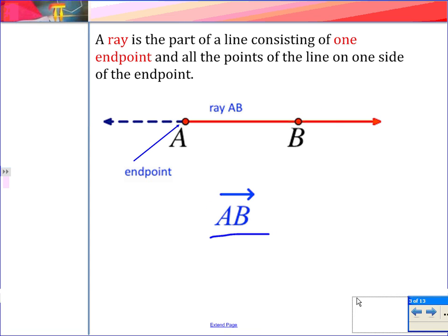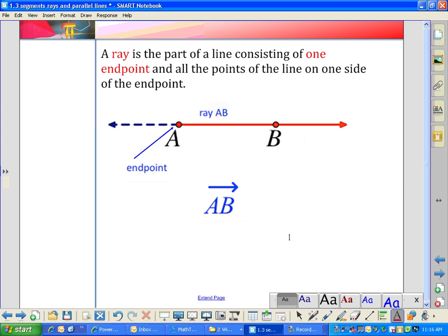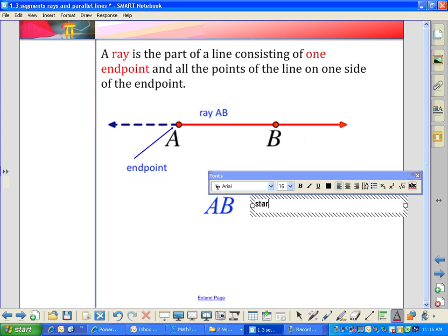This actually tells us a lot about the particular ray. Okay, what this tells us is that this ray starts at point A and it goes through point B. So make sure that you add that into your notes as well.